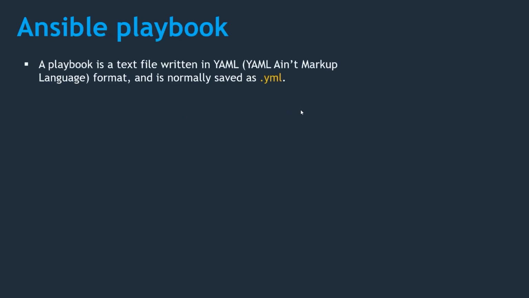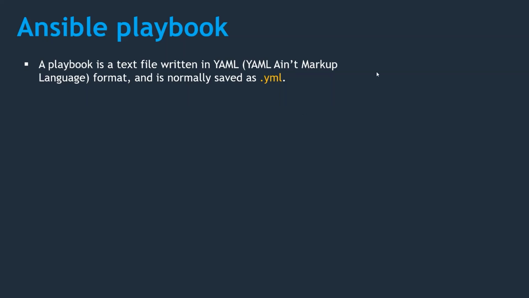Okay, so Ansible playbook. A playbook is a text file written in YAML format and is normally saved as .yml. YAML format is quite simple, and we save the file with the name as .yml or .yaml.